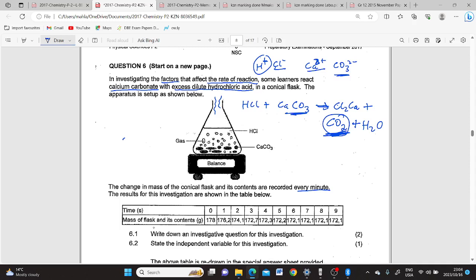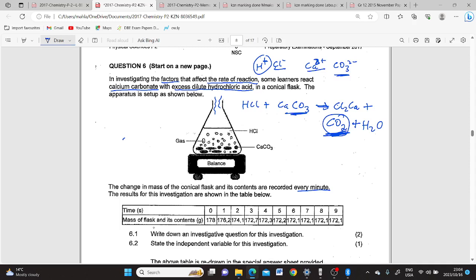At time zero, when starting, we have a mass of 178. That is before we start. After 1 minute, there is 176,2. After 2 minutes, there is 174,1. So there is change in mass.